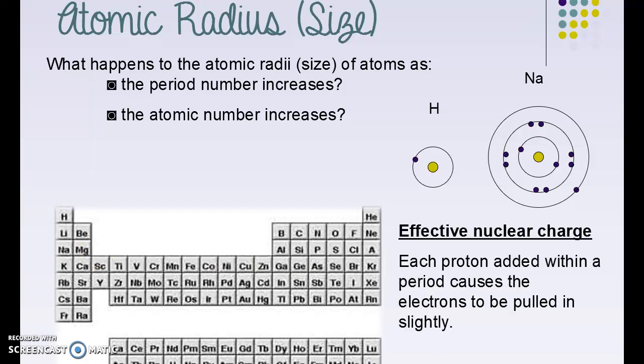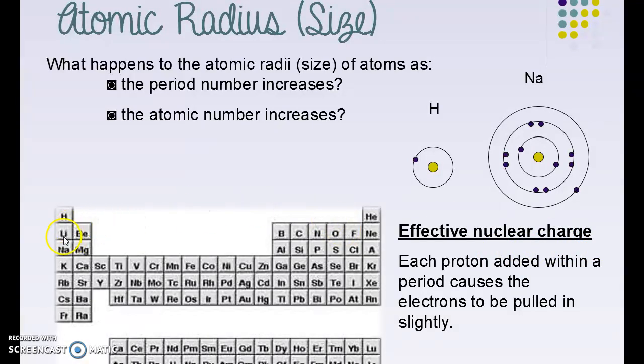So let's look at a few things that are going on here. Atomic radius actually increases as I move down a group from hydrogen through to cesium. My radius becomes larger and larger. As I move from lithium to fluorine, for instance, effective nuclear charge is becoming greater and greater.